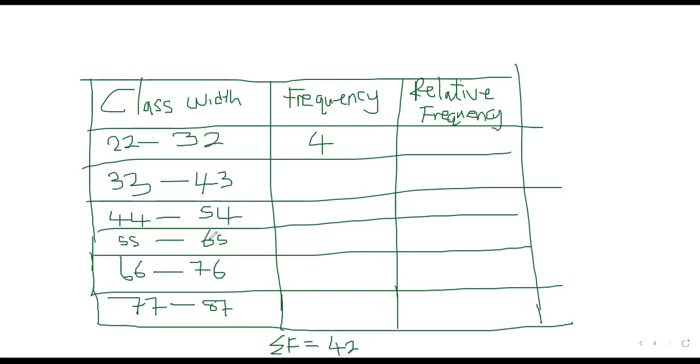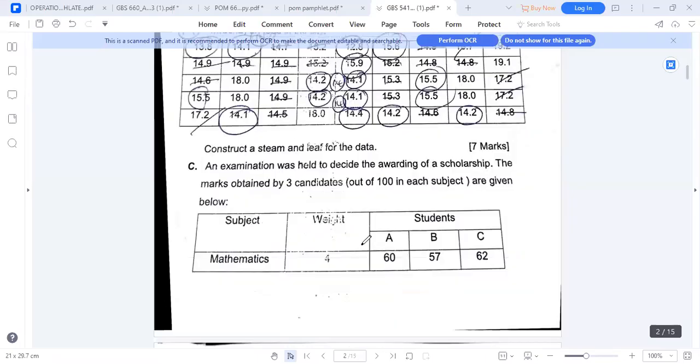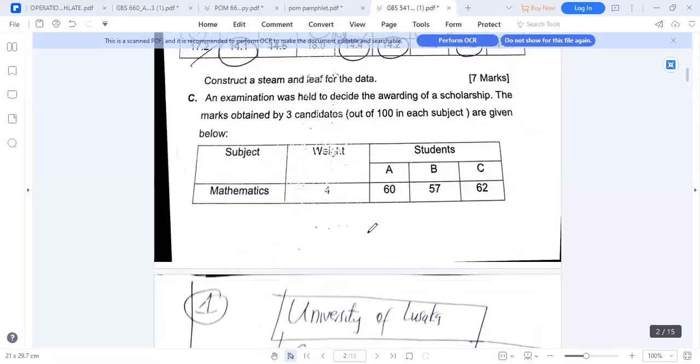So we found numbers to be as follows. Here we had also 4. Counting manually from 33 to 43, we found that we had 4 numbers within this range. And then from 44 to 54, we had 9, counting the numbers within here.